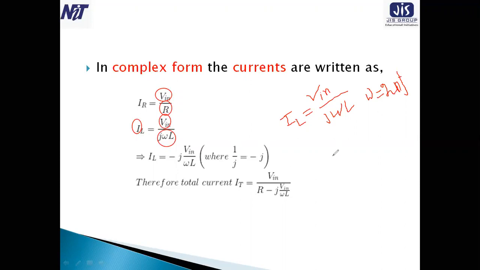Now, what is J? It is the complex value, that is root over minus 1. So, if we multiply the numerator and denominator by J, then what will happen? J into J into omega L, J V in.